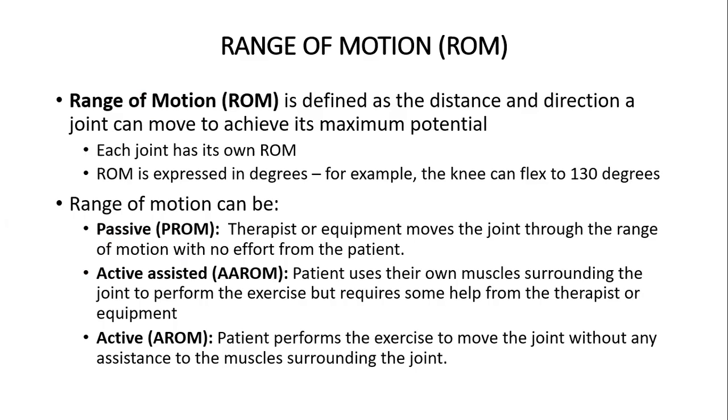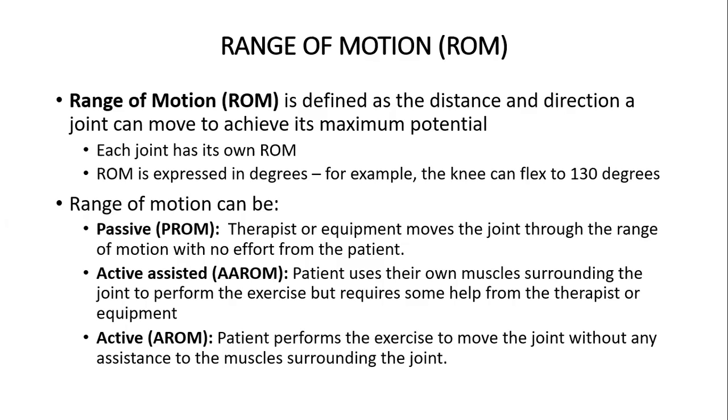Now, every joint has a maximum potential. It has a maximum degrees of motion it can perform. So each motion has its own and different range of motion. And range of motion is expressed in degrees.